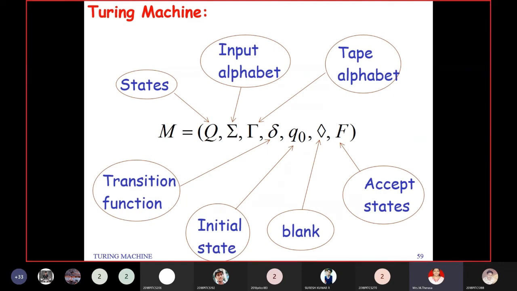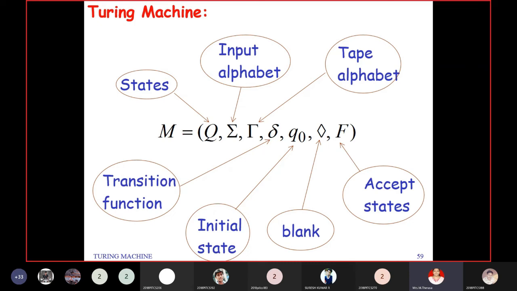Finite set of states Q, finite set of input alphabets sigma, finite set of tape alphabets gamma, delta is the transition function, Q naught is the initial state, and a blank symbol, and the final state, finite set of final states. So there are 7 tuples.